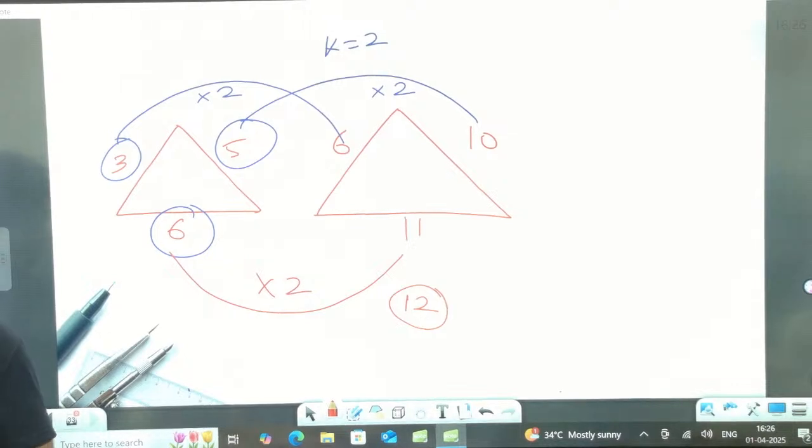Second question is, can two right angle triangles always be similar?